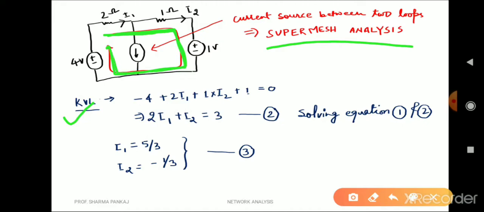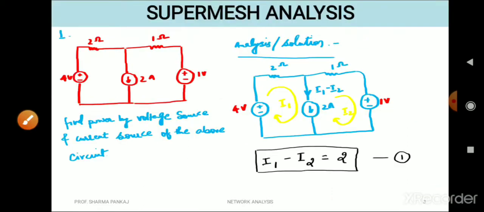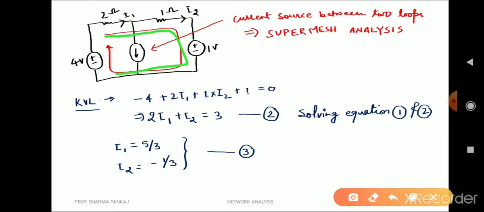While writing the KVL equation, we will ignore this current source, since for it we have already written equation number 1. Let's write the KVL equation along this path, the same path I have chosen. This is your supermesh analysis.